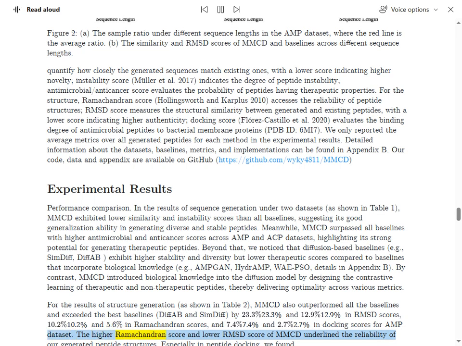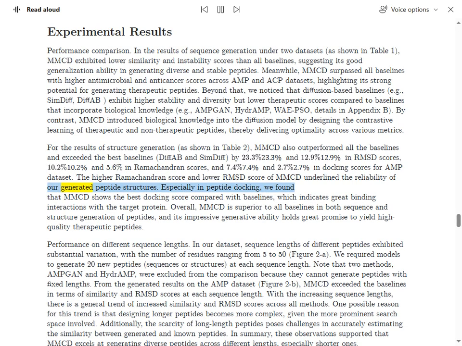The higher Ramachandran score and lower RMSD score of MMCED underline the reliability of our generated peptide structures. Especially in peptide docking, we found that MMCED shows the best docking score compared with baselines, which indicates great binding interactions with the target protein.